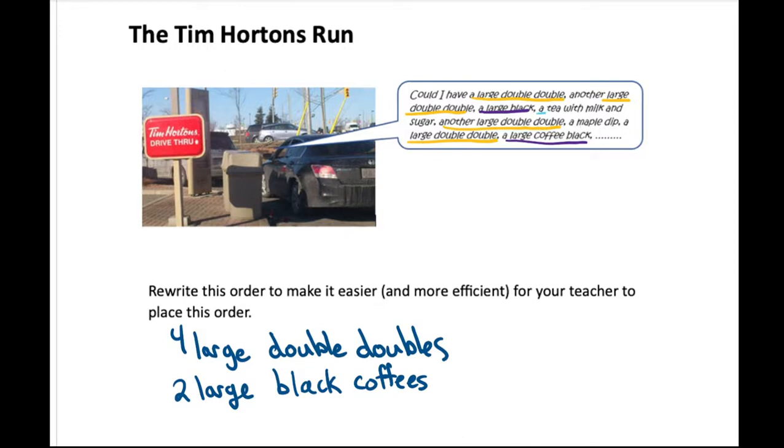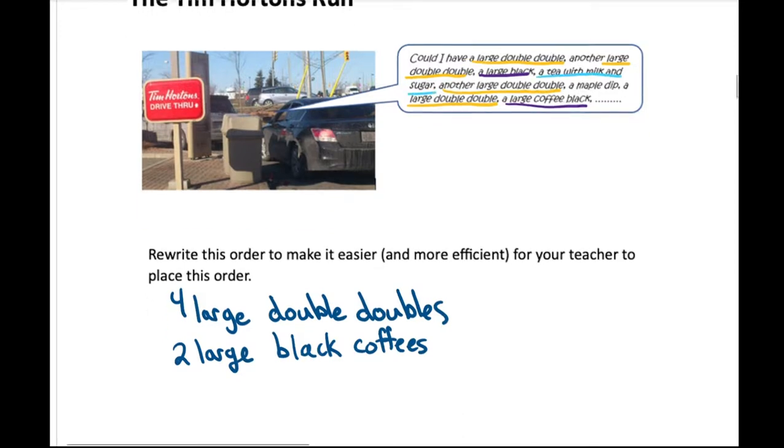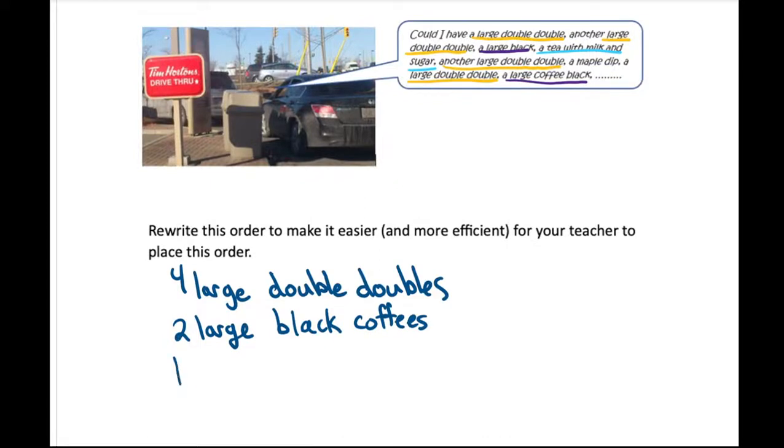We have a tea with milk and sugar. And we have a maple dip donut.